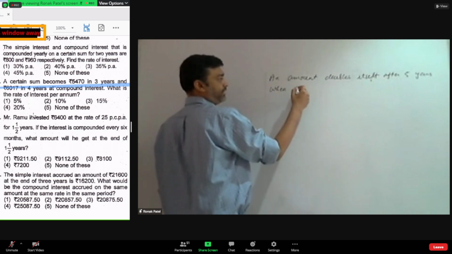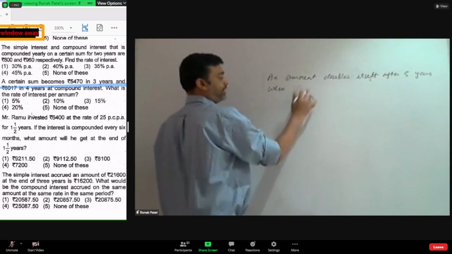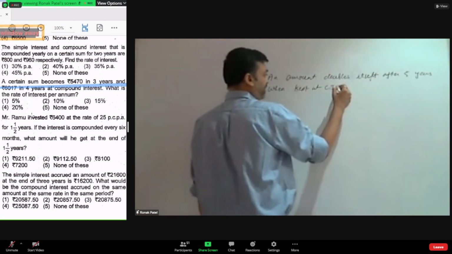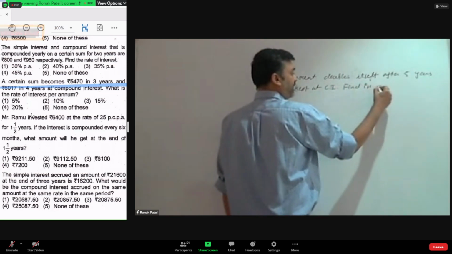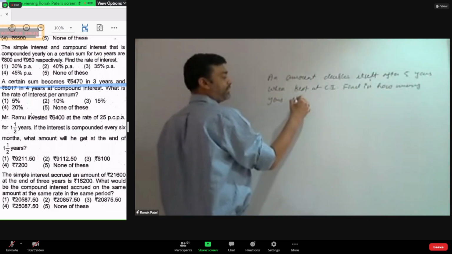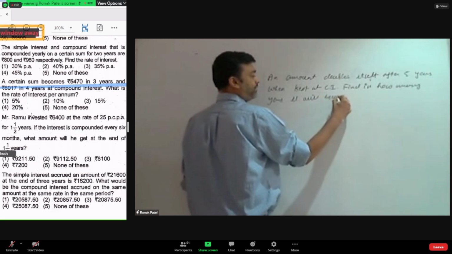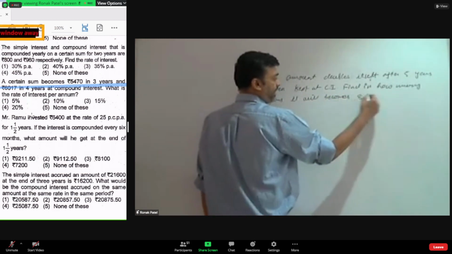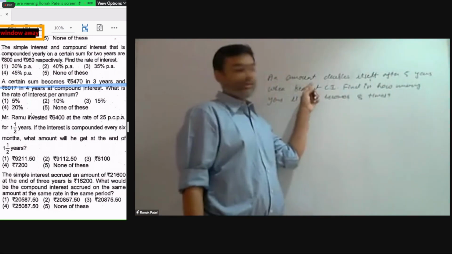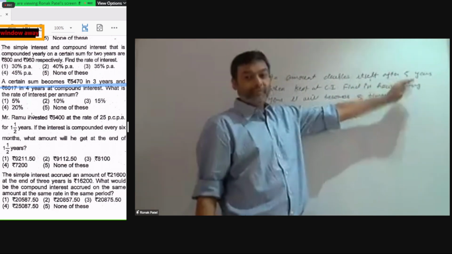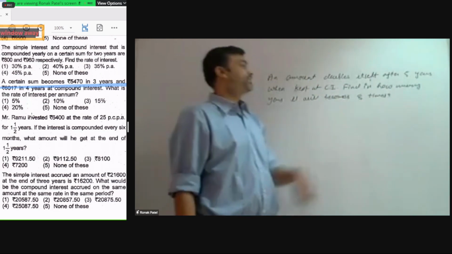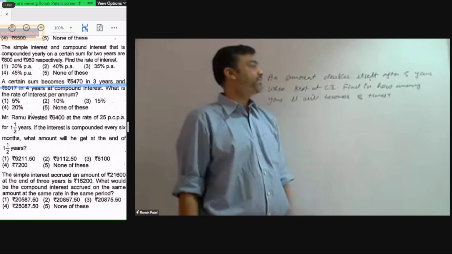When kept at compound interest, in how many years will it become 8 times? So an amount doubles itself after 5 years. Kept at compound interest, not simple interest. Then find in how many years it will become 8 times.